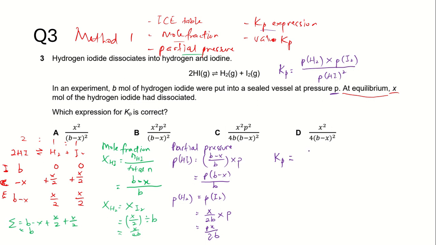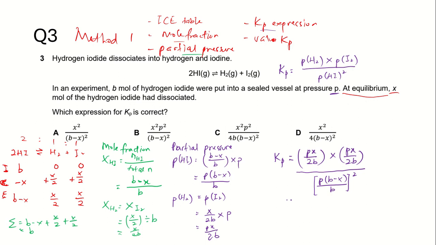So I need partial pressure of hydrogen, which is PX over 2B, multiplied by partial pressure of iodine, same thing, PX over 2B, divided by partial pressure of hydrogen iodide squared. So P(B minus X) over B, this whole thing squared.